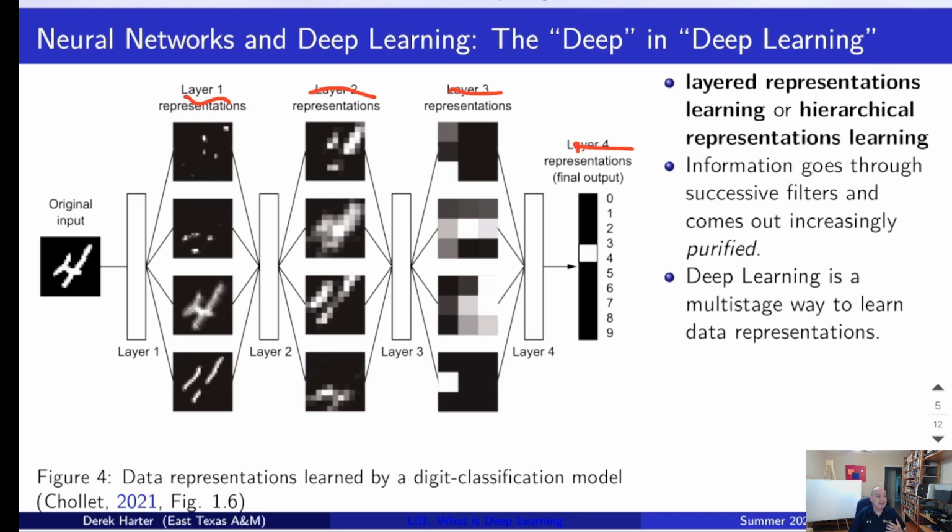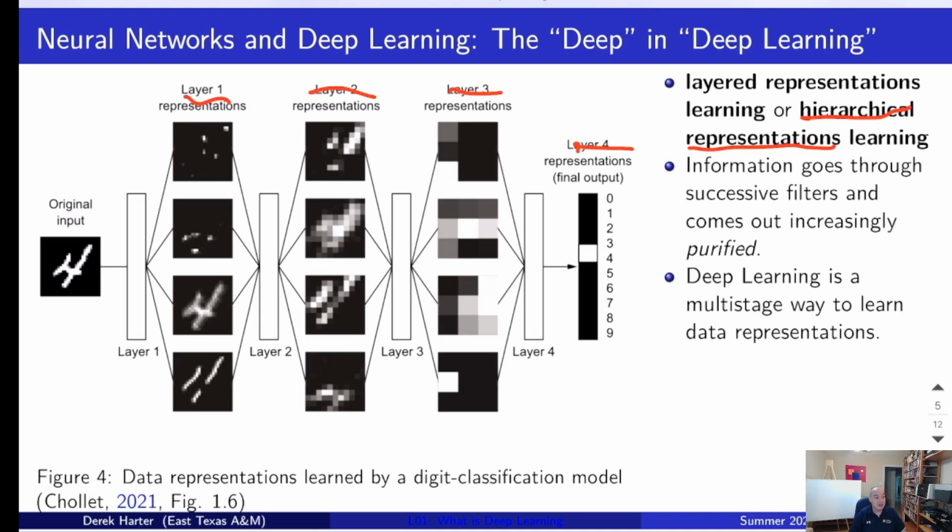So in neural networks in general, and especially in deep neural networks, we're interested in layered representation learning or also hierarchical representation. So one way to think about what's happening in a neural network that has multiple layers is that we are learning more sophisticated hierarchical representations of the data as we progress through the layers of a neural network like this.